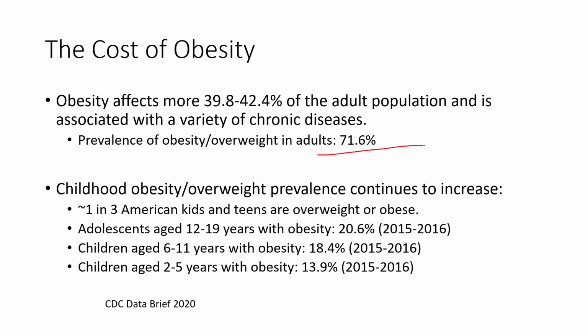What's especially concerning is that when we look at the prevalence in kids, it continues to increase. 1 in 3 American kids and teenagers are overweight or obese. That's 33%. And we can see the breakdown by age prevalence. The concern with kids is, obese kids often become obese adults, right?